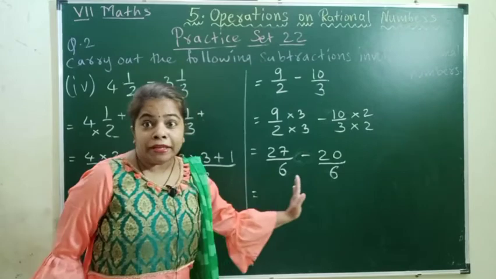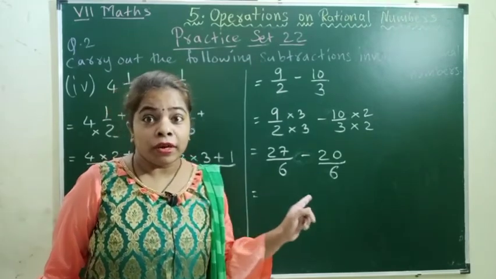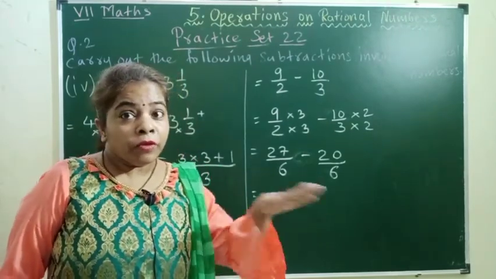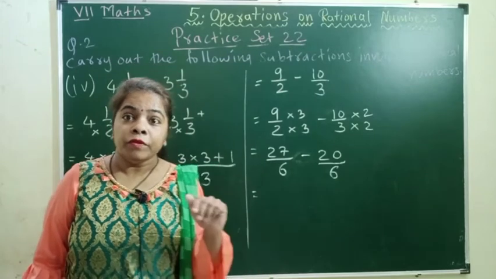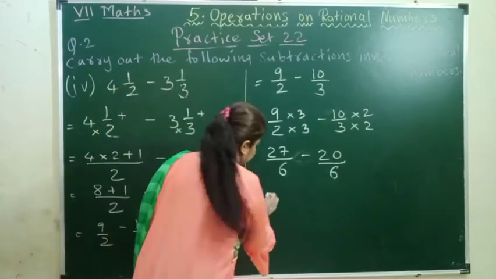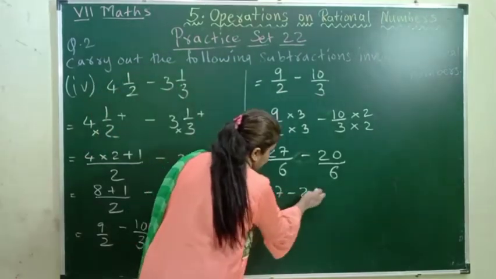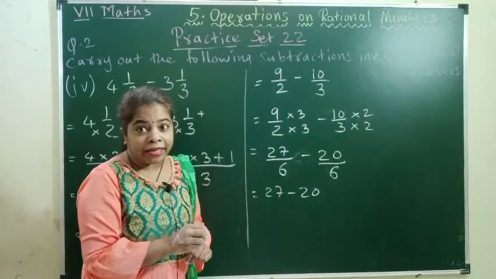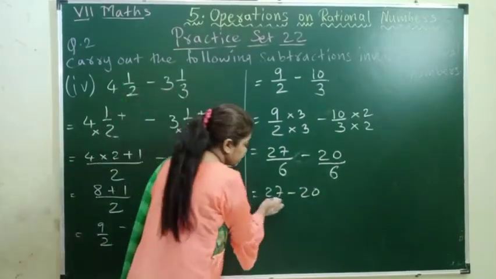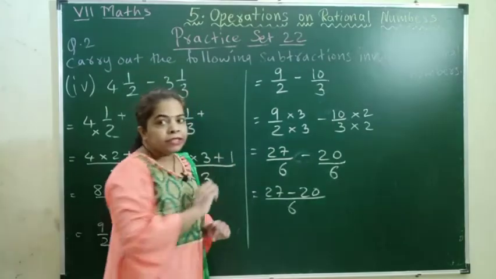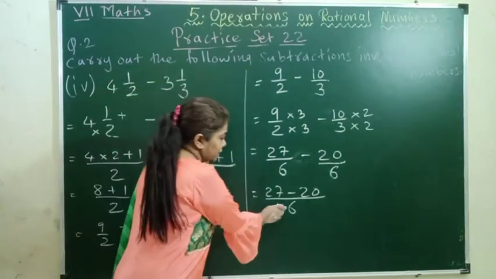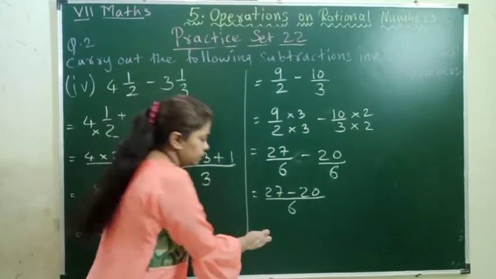We'll take a common denominator now. See, we've got a same denominator. Now we'll take a common denominator and we will subtract them. 27 minus 20 upon 6. 27 minus 20 is 7.